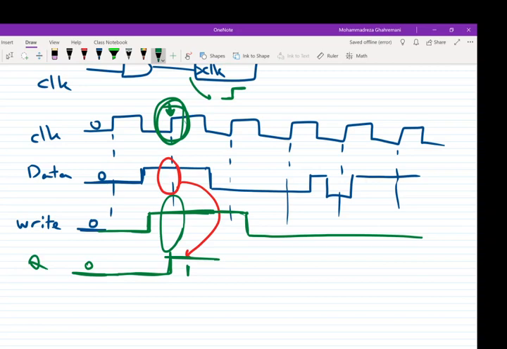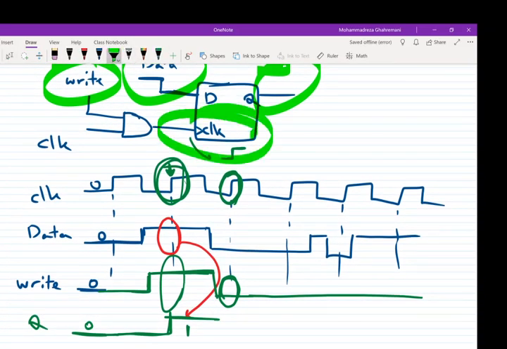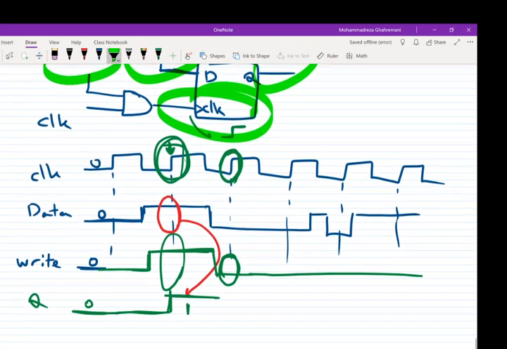In the next rising edge, because the write signal is 0, there is no clock signal applied to the D flip-flop.